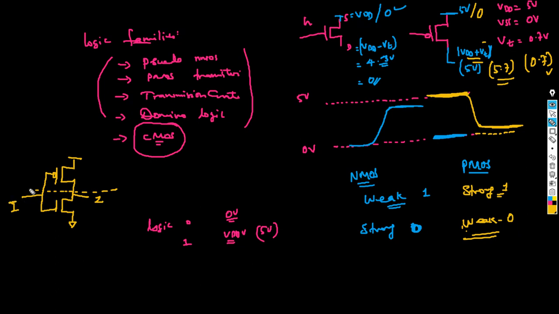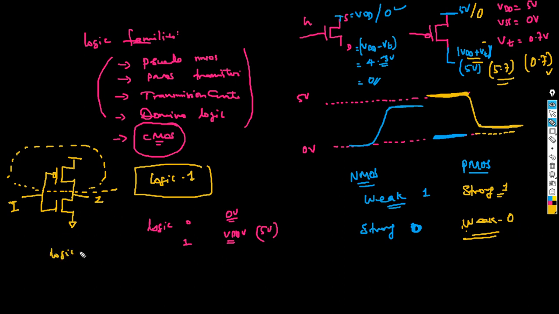Now look at this. The top one we use PMOS so that it takes care of your logic one, and the bottom one we use NMOS, and that takes care of your logic 0, because of the strong 1 and strong 0. This is the main reason we wanted both sides strong.